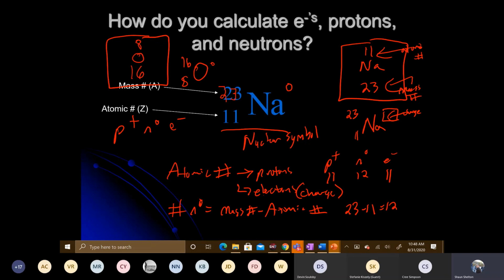The atomic number for oxygen is 8. So I have 8 protons, and the charge is 0, so I have 8 electrons. Now to figure out the neutrons, I do 16 minus 8, which gives me 8 neutrons. Does everybody understand that?